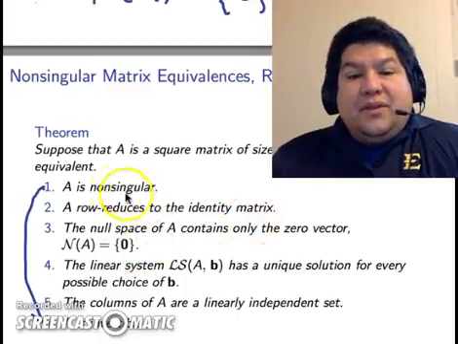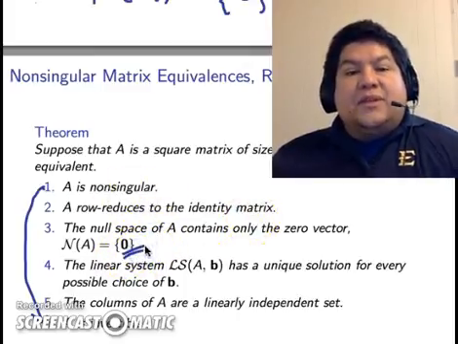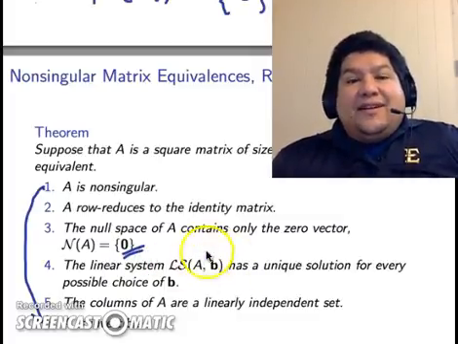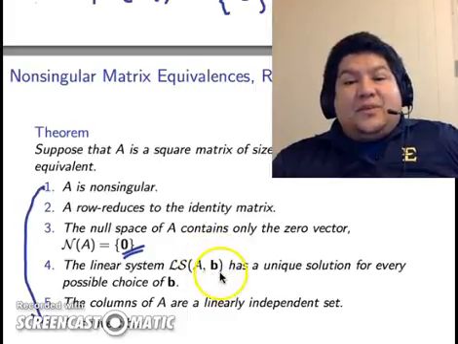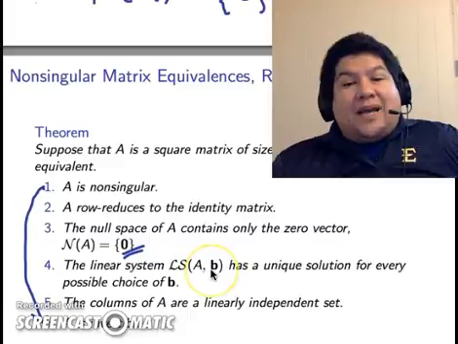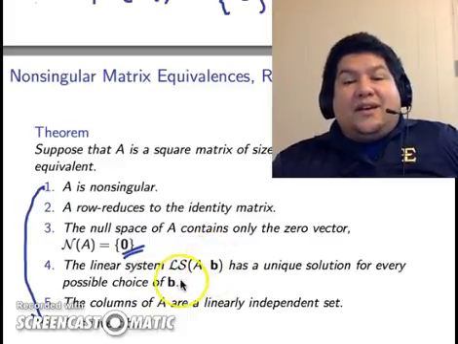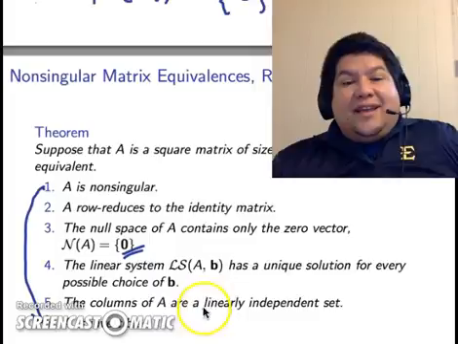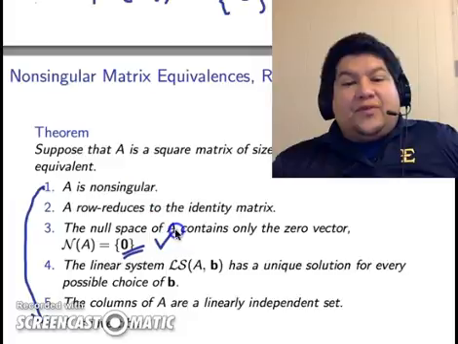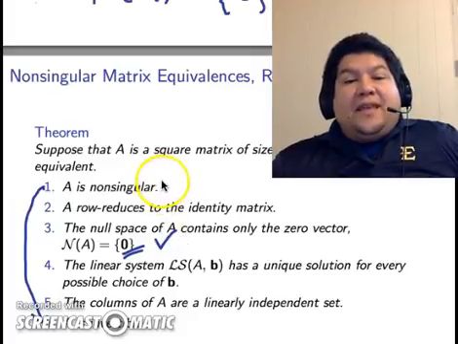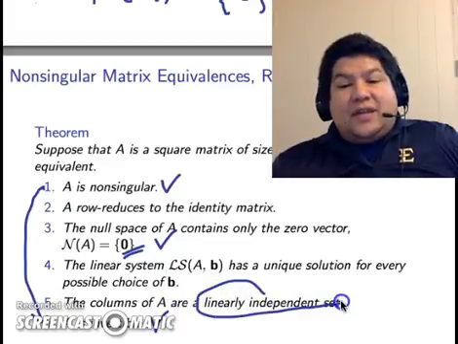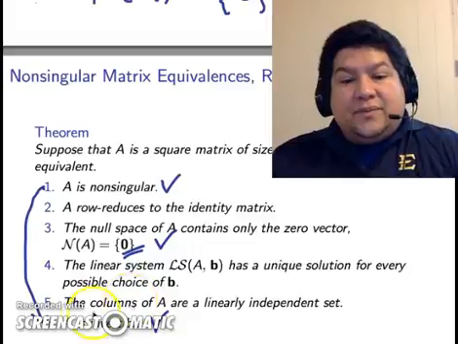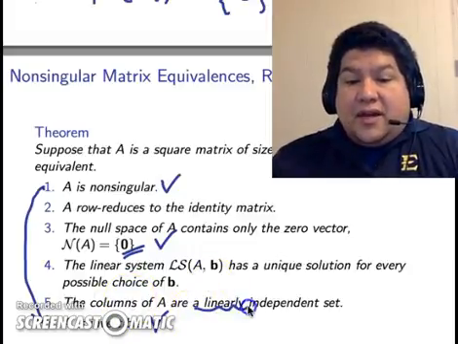So non-singular means that the null space contains only the zero vector. If the matrix is the matrix of coefficients of a linear system with a vector of constants, then that linear system has a unique solution for each choice of the vector of constants. And very importantly, non-singularity and invertibility are connected to linear independence.